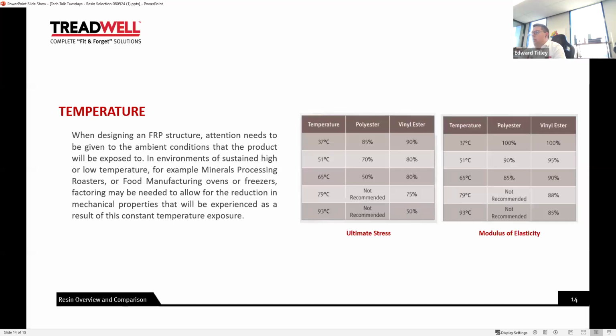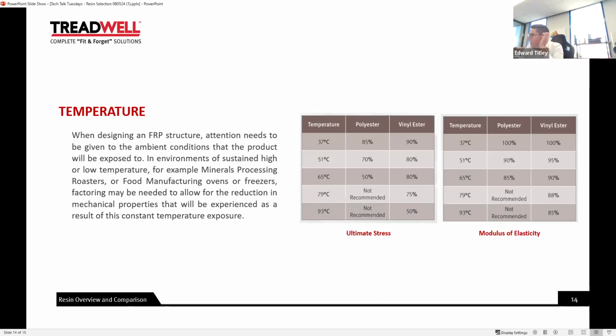So in those environments, we'd consider a vinyl ester resin, and as per the design standards, there'd be a factor applied to cater to the loss in ultimate stress capacity.